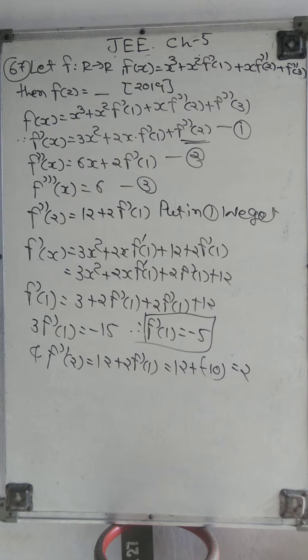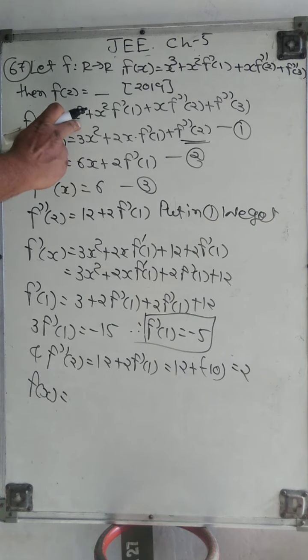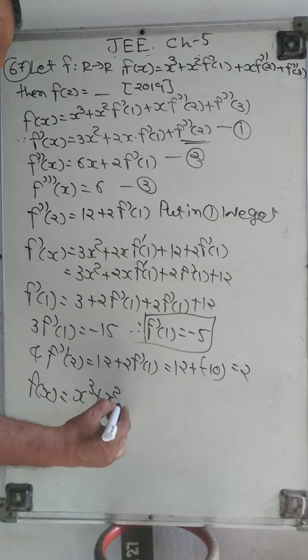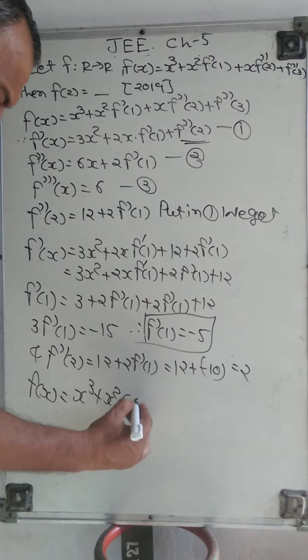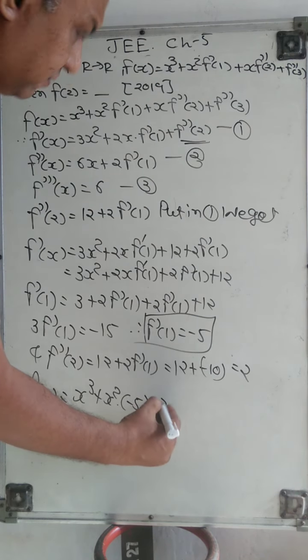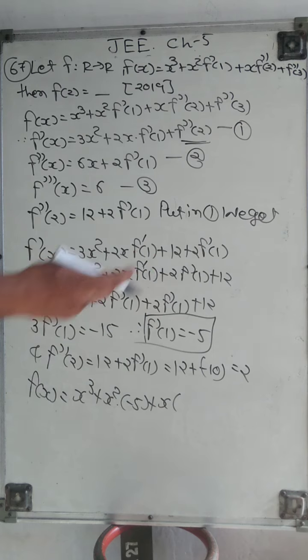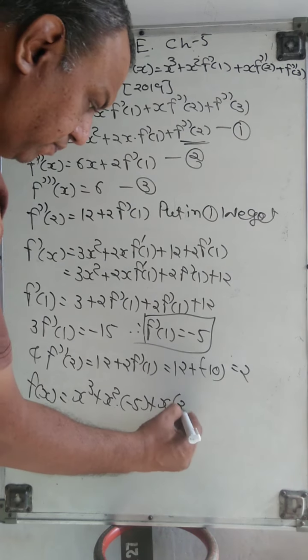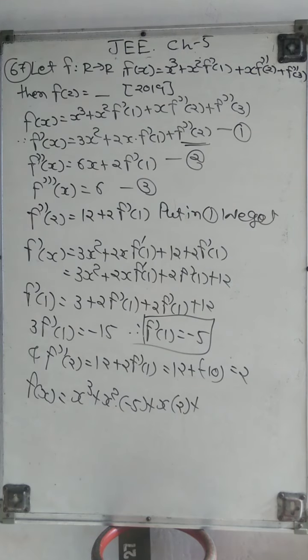Now f double dash 2 is equal to 2, and f(x) is equal to x cube plus x square, and f dash 1 is minus 5, plus 2x into f double dash 2. f double dash 2 is equal to 2 plus f triple dash 3.